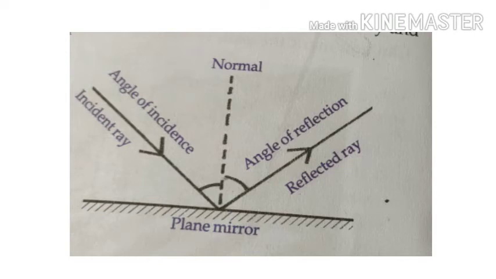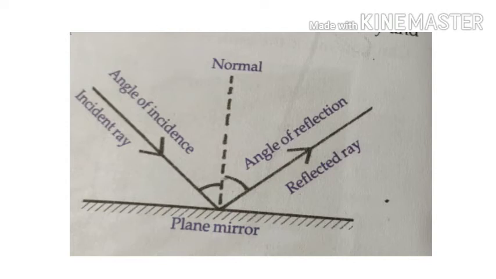Next is angle of incidence and angle of reflection. From this diagram, you can see the angle of incidence, the angle of reflection and a normal line. The line drawn perpendicular to the mirror at the point of incidence is called the normal.